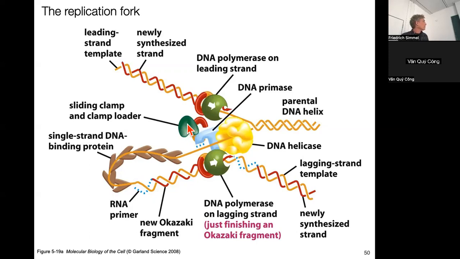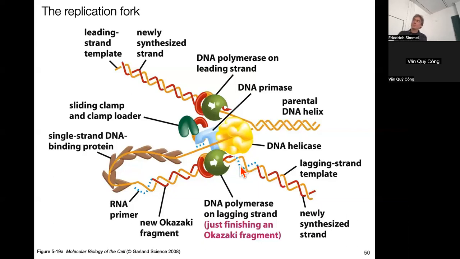There's another enzyme called the clamp loader that helps to load the clamp onto the DNA. There's the single strand binding protein. Here is the polymerase synthesizing on the lagging strand, and the RNA primer shown here is produced by the primase. So as a result, you will have a DNA-RNA hybrid here.